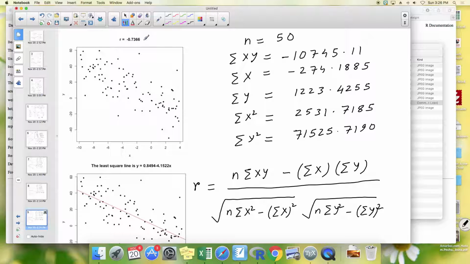So you see r equals minus 0.7366. So it's negative, but minus 0.73 is not that close to minus 1. It's good, but it's not that good. So I hope that gives you an idea about the power of r.